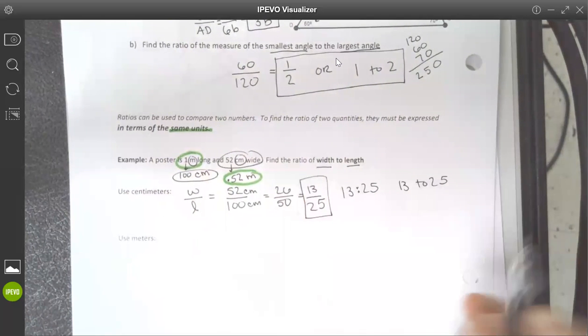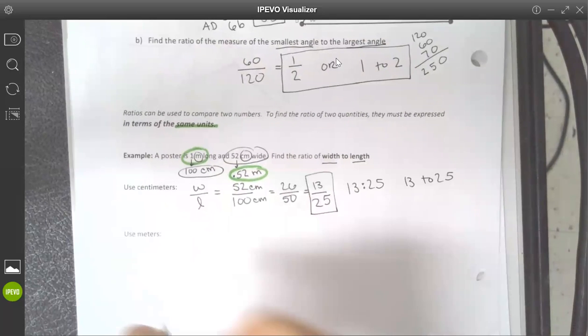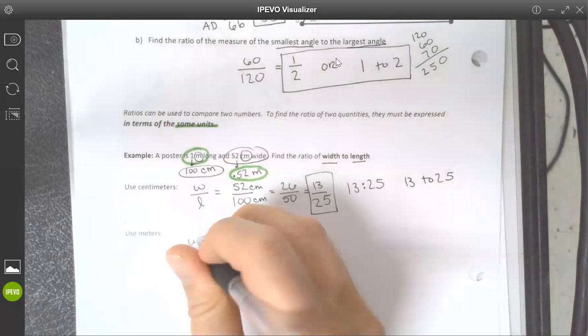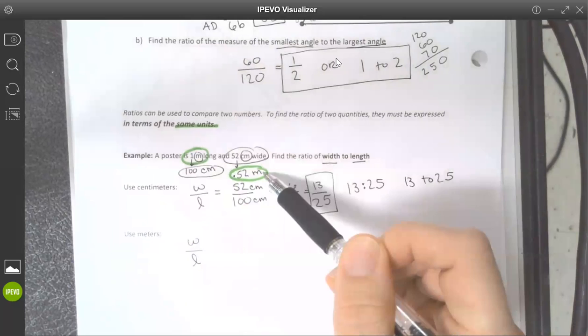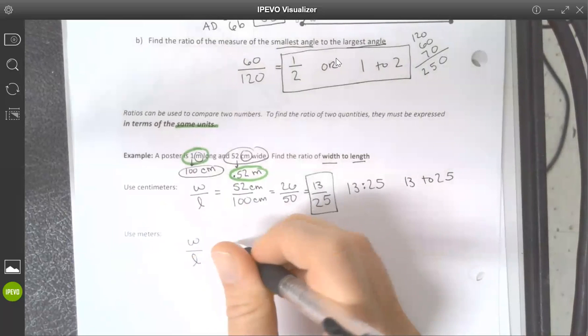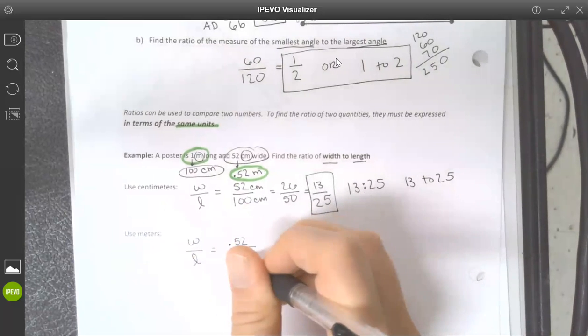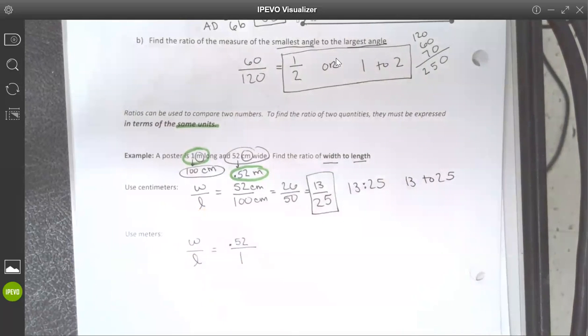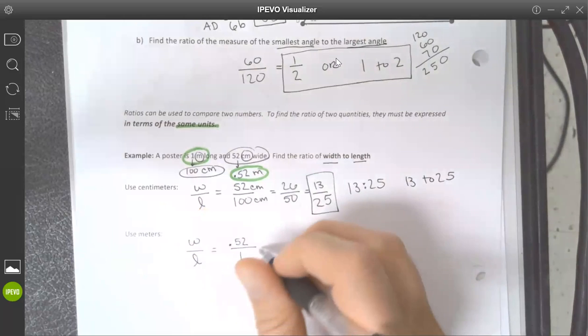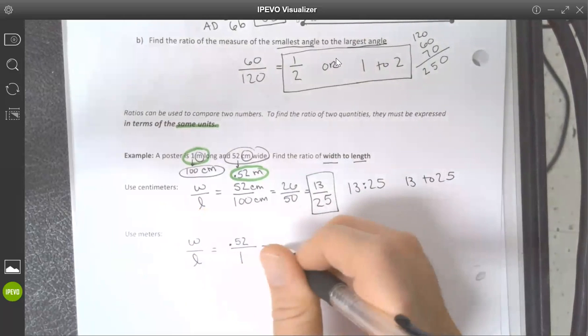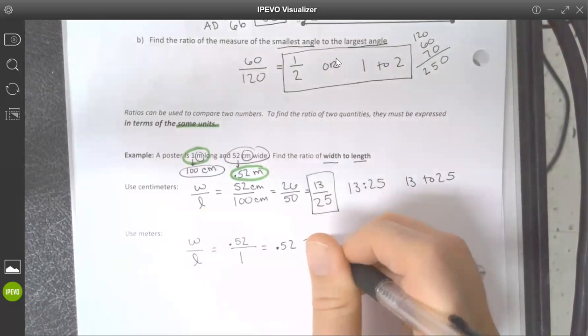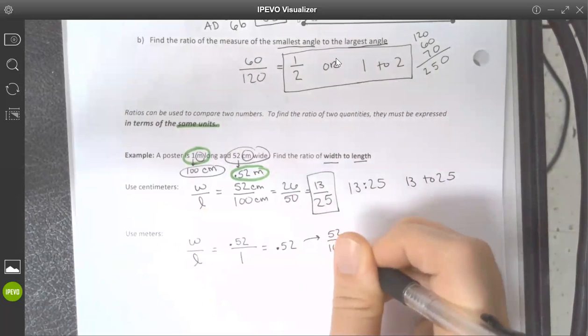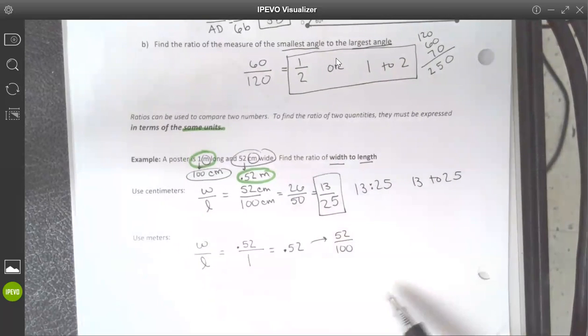Now with meters on this particular one, it's a little trickier because again, I'll go width to length, and remember this is my width, and I end up with a decimal, so 0.52 over length of 1, and that's a little trickier. What we can do is say, well, 0.52 is 52 hundredths, and then I end up back where I was before.